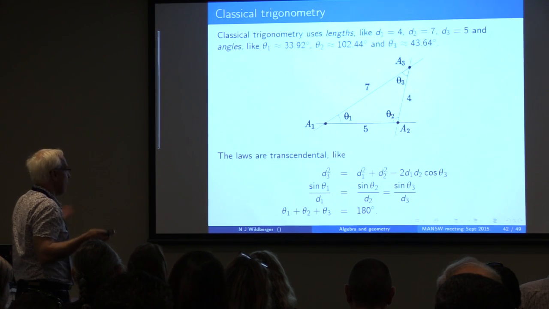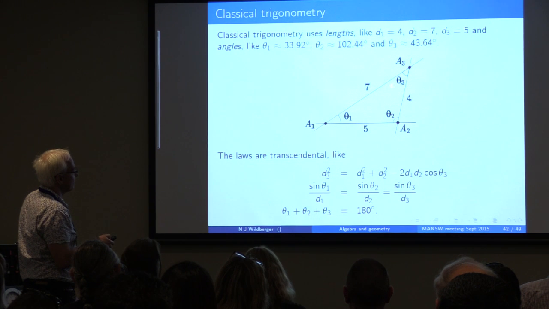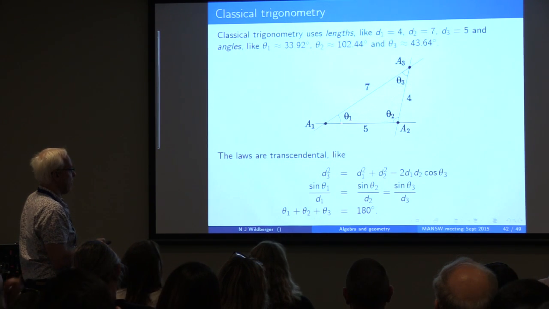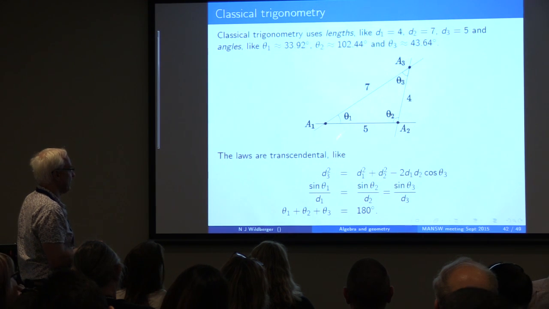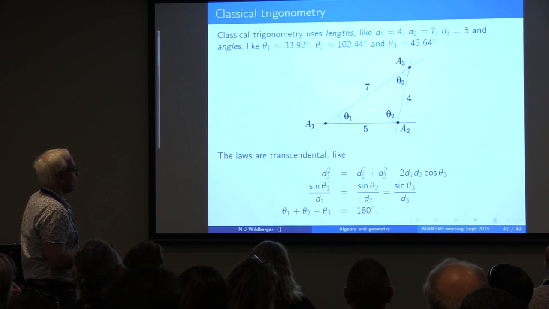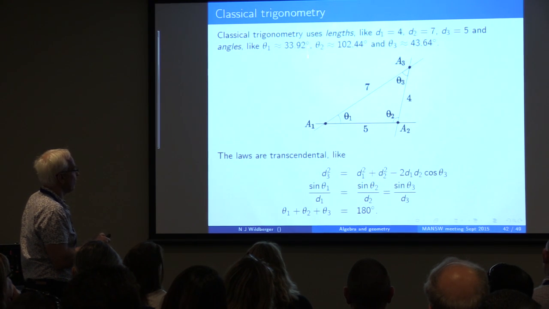Okay. So in classical trigonometry, you are, for example, able to calculate the angles. That's deemed the important quantity. So you want to calculate these angles, and there are various laws that will be familiar: cosine law, sine law, sum of angles, and so on. You can calculate these angles, but when you do, you get some kind of numbers, and these numbers are not exactly correct because they're just approximations.